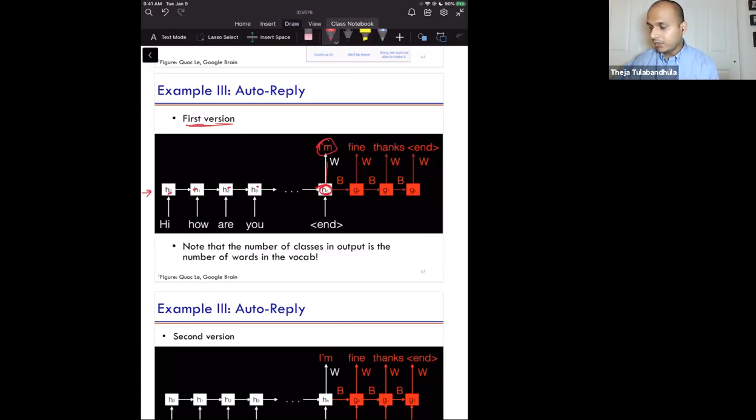Okay, so at training time you would have this unrolling. This part is the same as the sentence classification example. You would have a variable length input, and all that information is condensed into the final hidden output of the RNN.